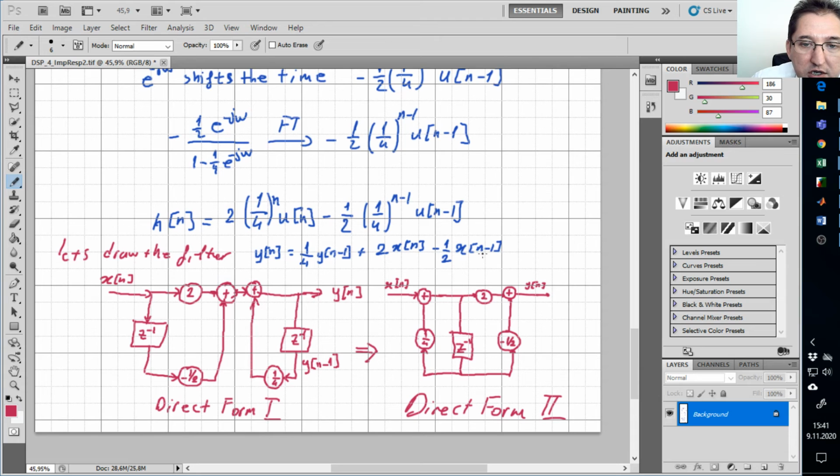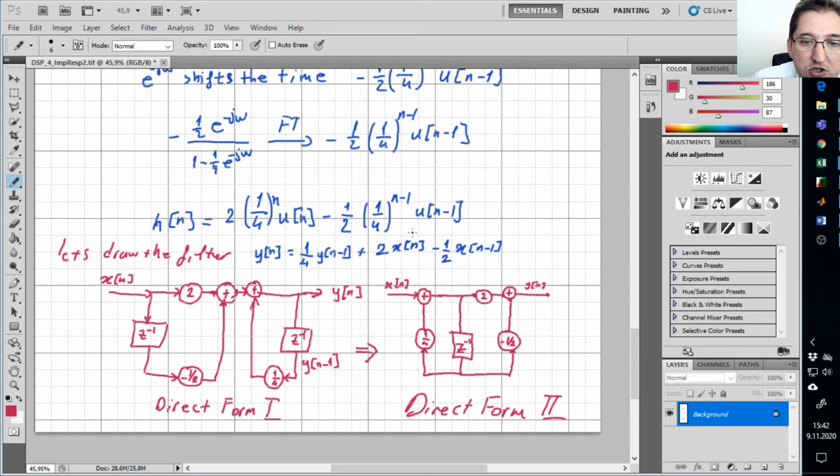Here, to obtain x[n-1], we need a delay element. We put it here. Now this part is x[n-1], and it should be multiplied by -1/2, and x[n] must be multiplied by 2, as you can see here.